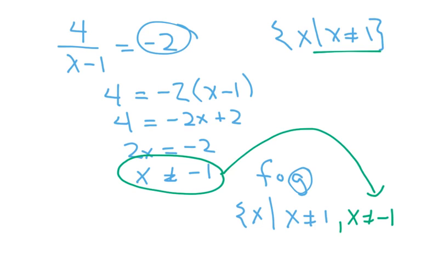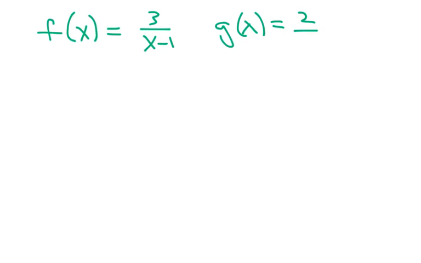In 21 we have f of x equals 3 over x minus 1, and g of x equals 2 over x.